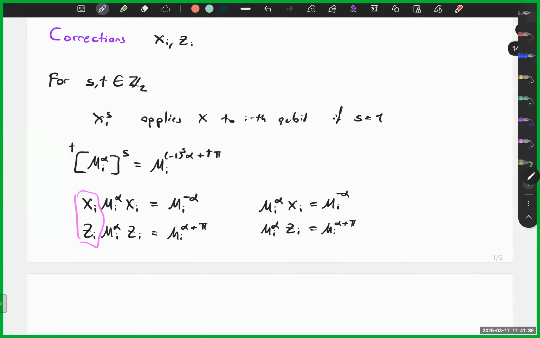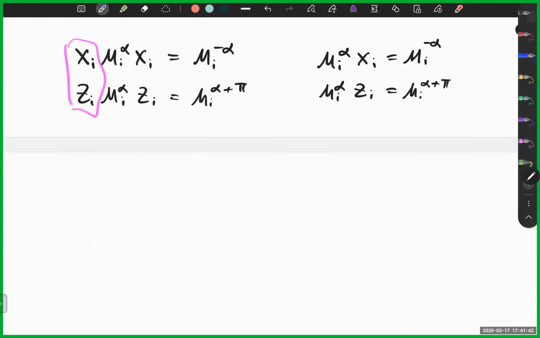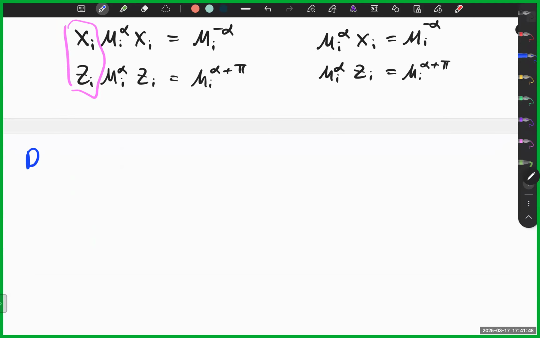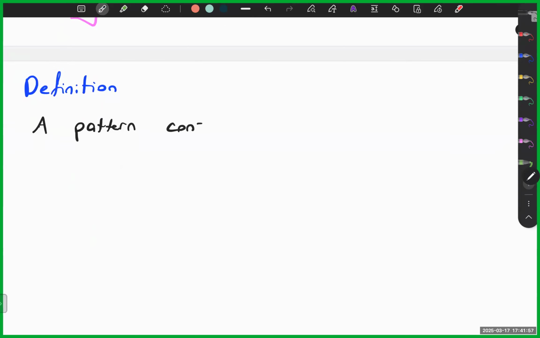But we also need to define the measurement patterns in a more formal way. We are going to do it as such. So a pattern consists of the following data.